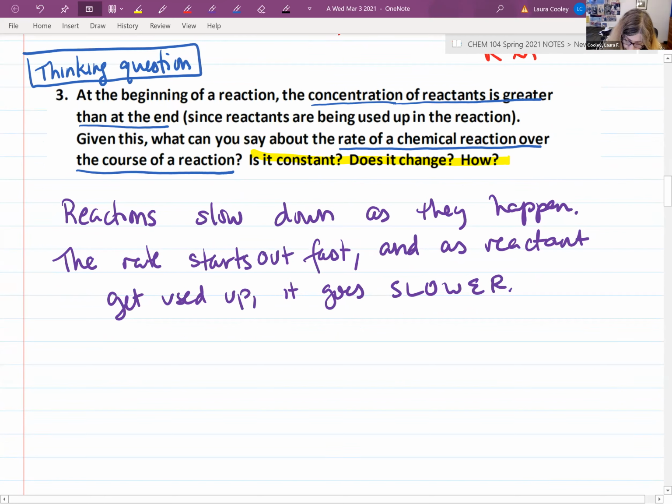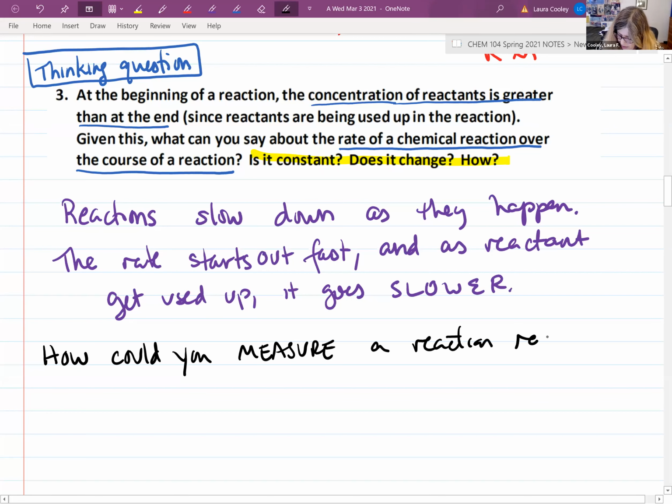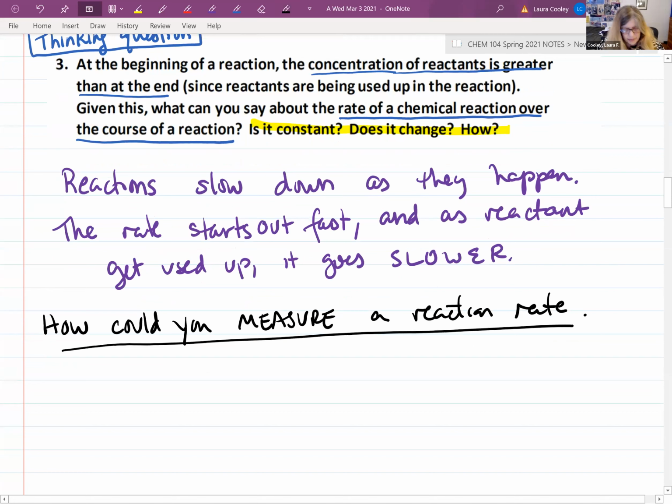So I want to talk about how you could measure the rate of a reaction. What is the rate of a reaction? When you think about it, the rate of a reaction is the change in concentration over the change in time.